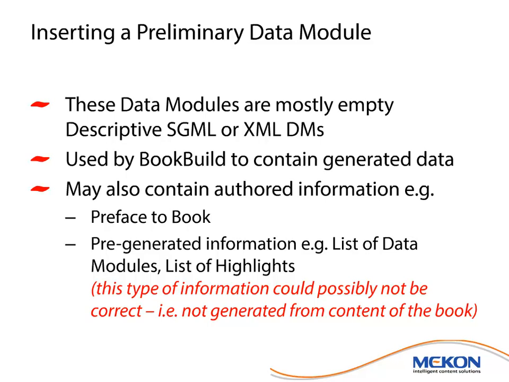But of course, in S1000D, they do have some pre-generated information, like list of data modules and list of highlights. The only thing I would say about those is that if you generated them beforehand, they may not be up to date. Whereas if you allow BookBuild to generate these particular files, then you'll know that they'll be up to date because they'll be generated when the book is built.